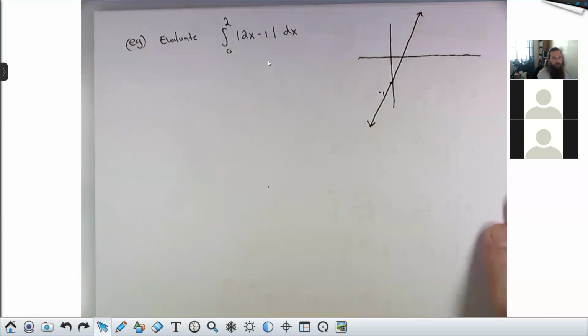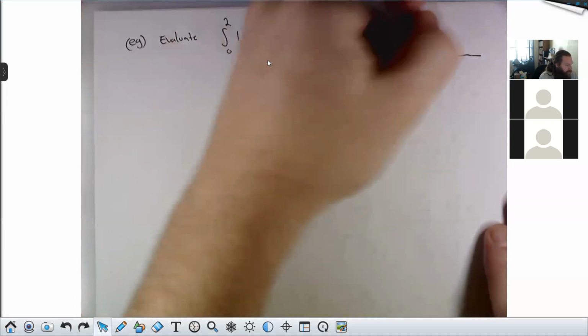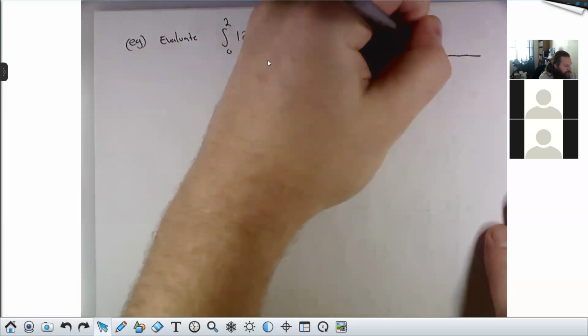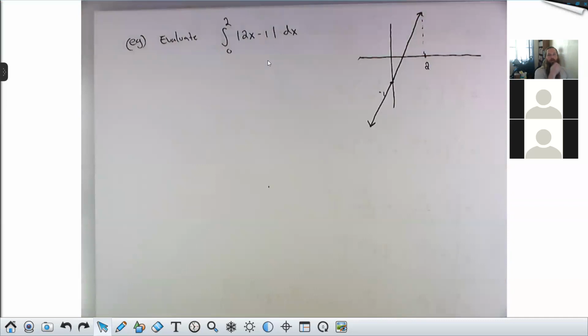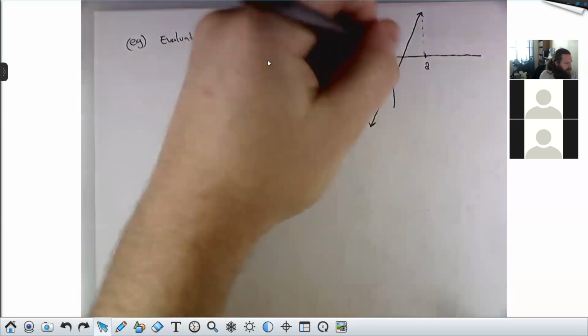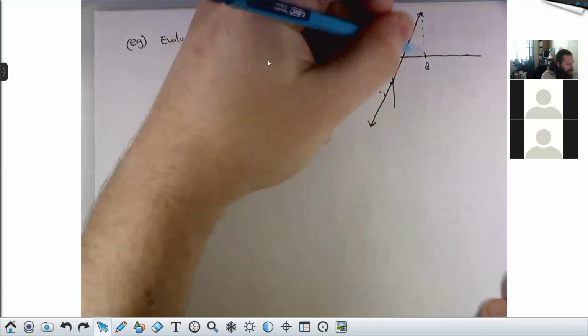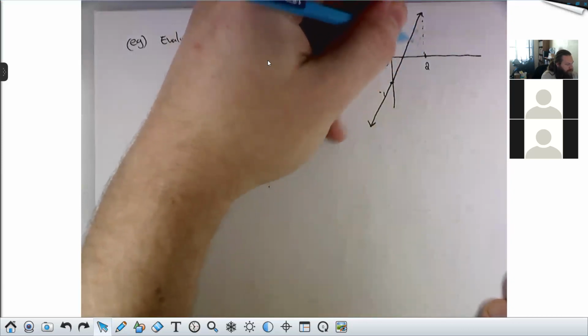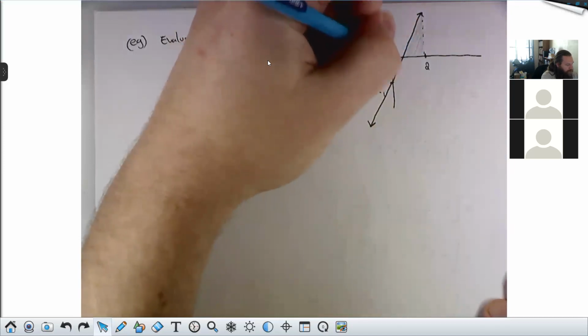And we want the integral of the absolute value from 0 to 2. So I'll pretend like this is 2 here. Of course, 0 is here at the origin. So if we were to just ignore the absolute values, it would measure this area as positive and this area as negative.